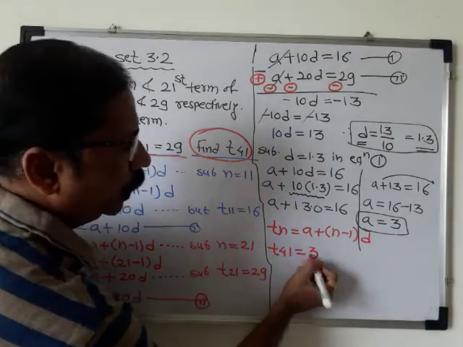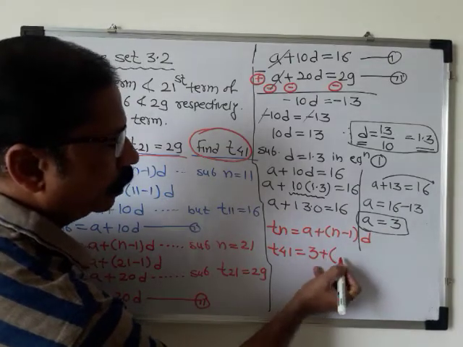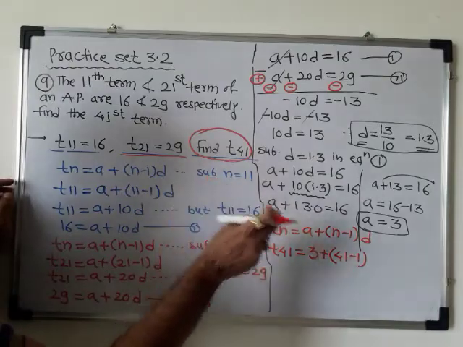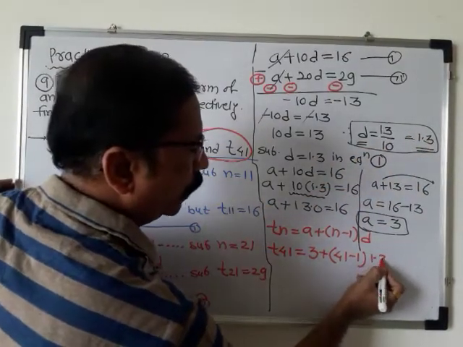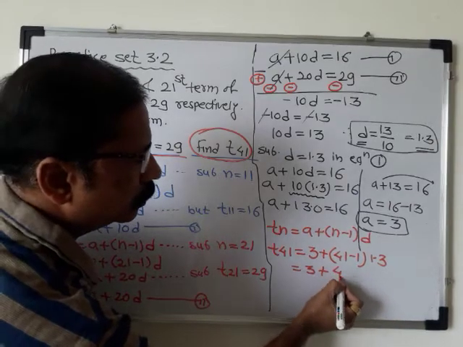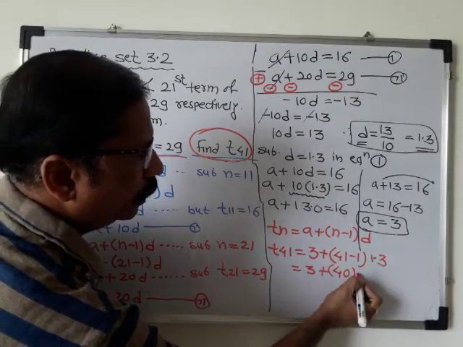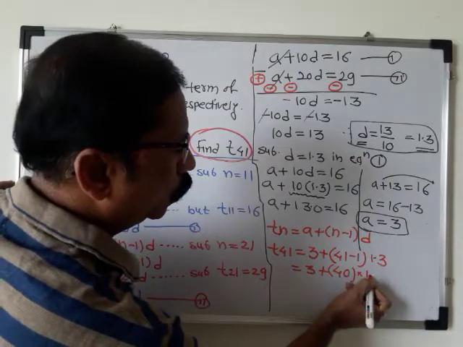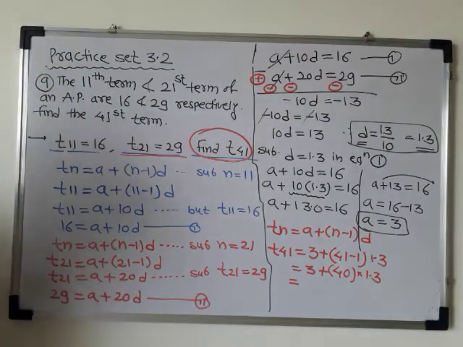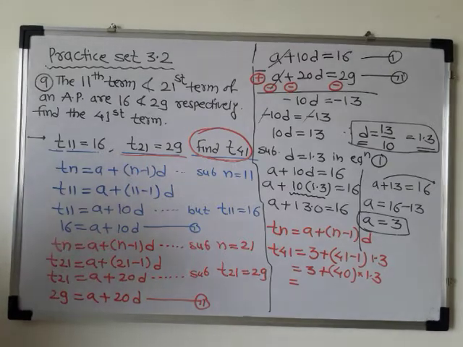T41 is equal to a is 3 plus n minus 1, that is 41 minus 1 into common difference d is 1.3. That is 3 plus 40 into 1.3. Now do the further calculation.